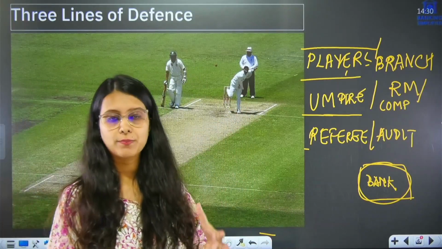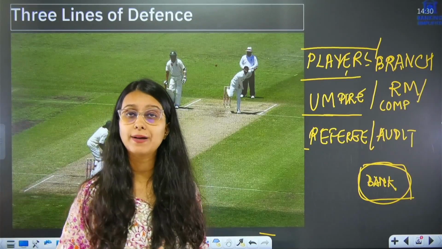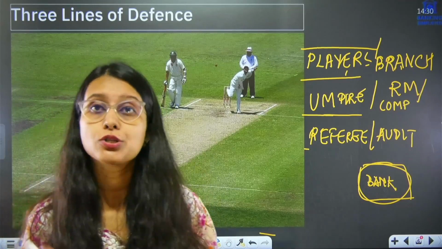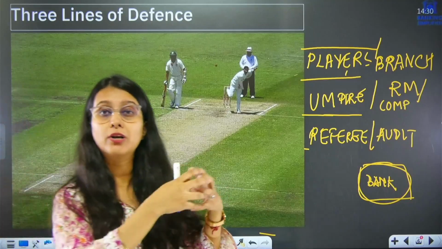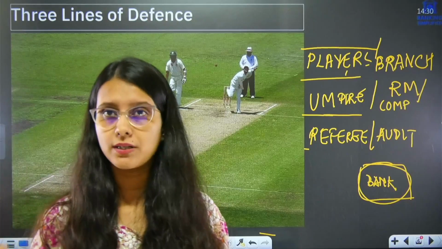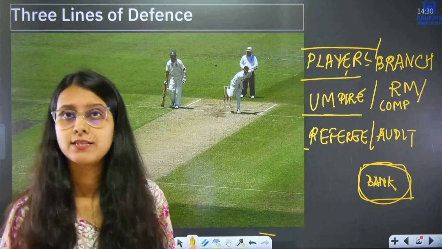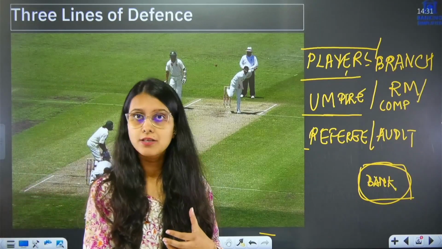Also, now that you are in a branch, you will know that there are 3 layers which are protecting the bank, and you are the first layer taking the hit head on. So there's a big responsibility to make sure that when you're lending out, taking deposits or doing any kind of business activity with the customers, or you're selling something as a sales agent or as an RM, you will be selling certain products to your customers.